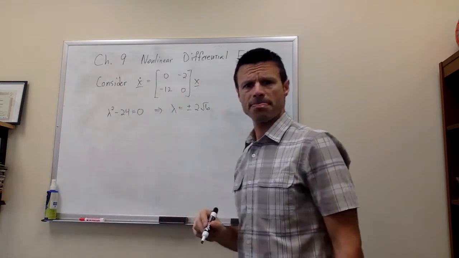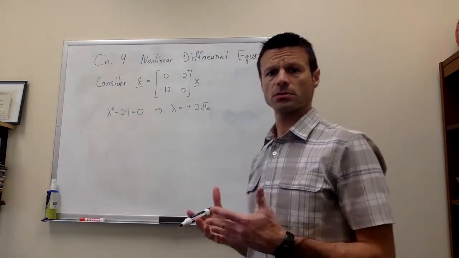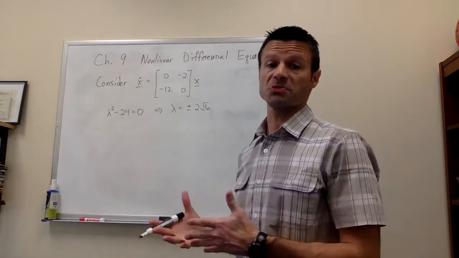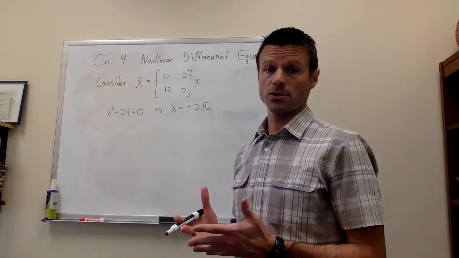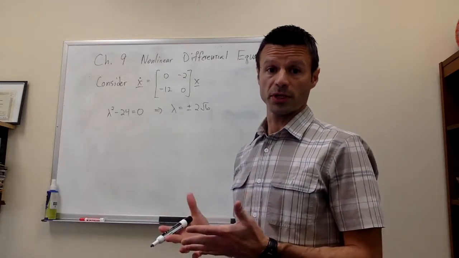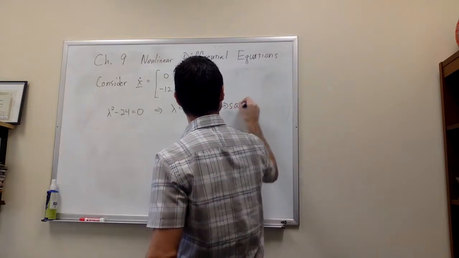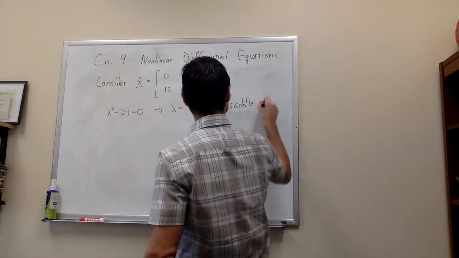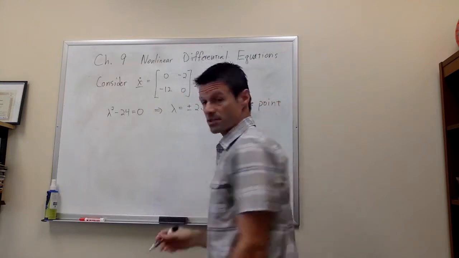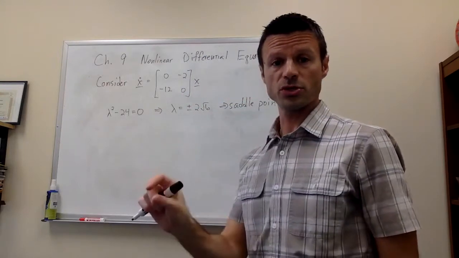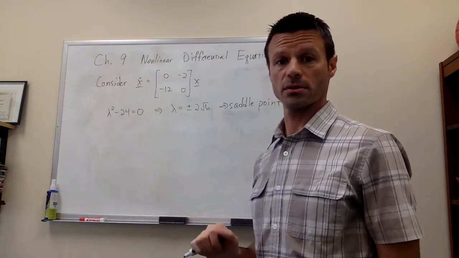So here we have real distinct roots where one is positive and one is negative. This would lead to a saddle point. So for our nonlinear system, near the point (2, 2), it's going to look like a saddle point.